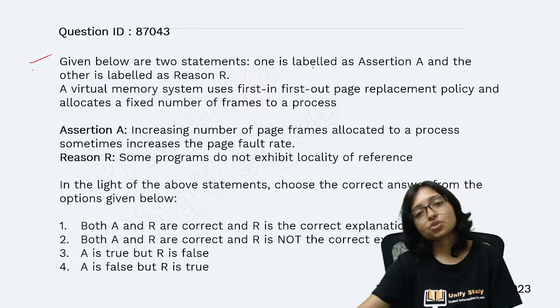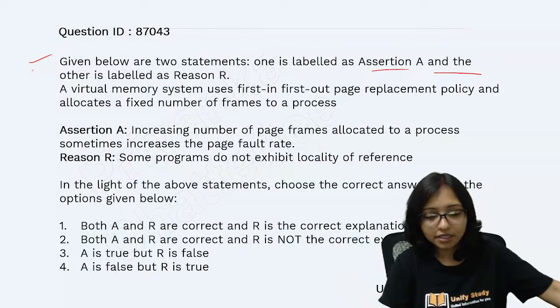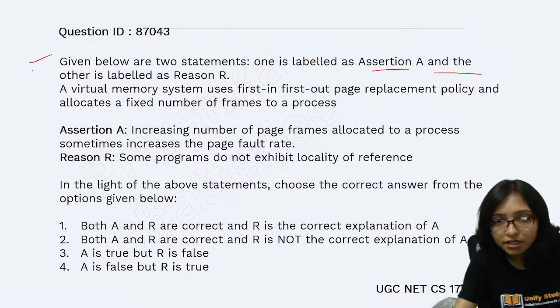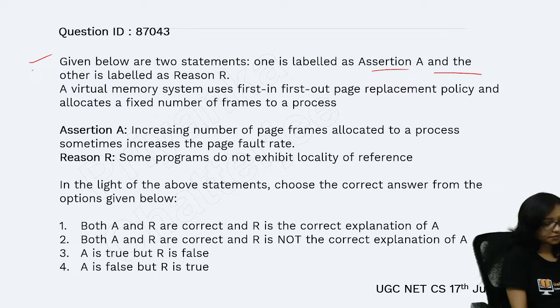Given below are 2 statements, assertion and reason. Read the assertion and reason. It is hiding behind me, so I am hiding myself so that you can read the question and answer on the poll. Everyone. Only 4 votes till now I got.